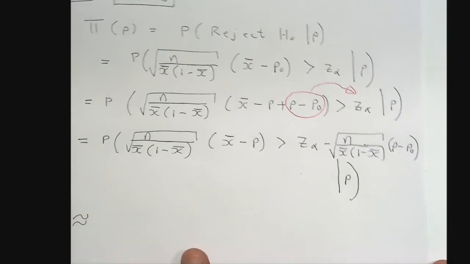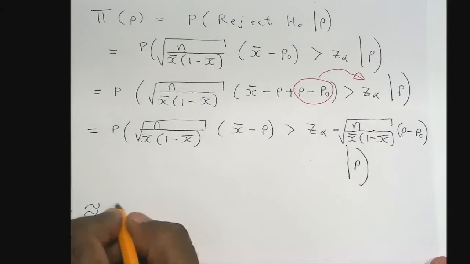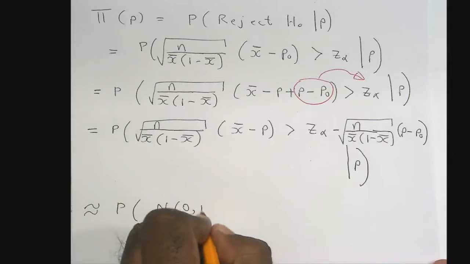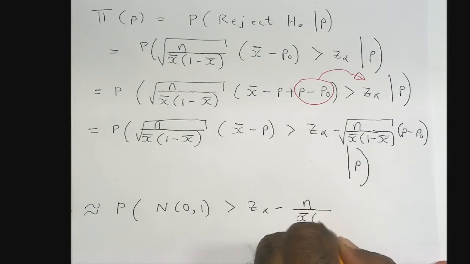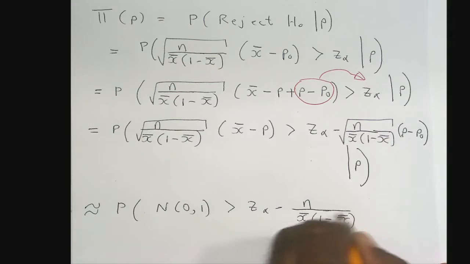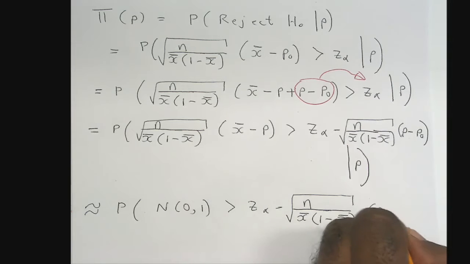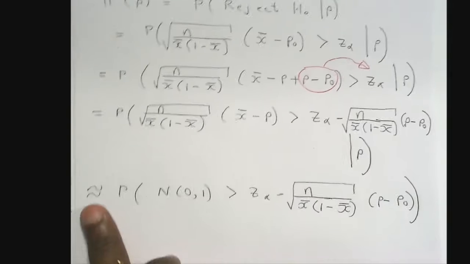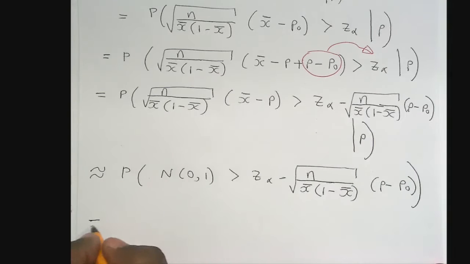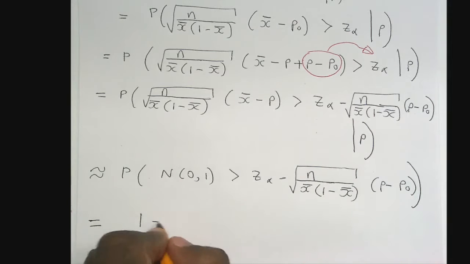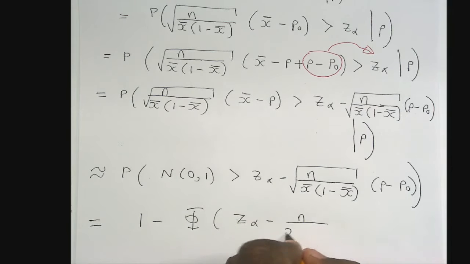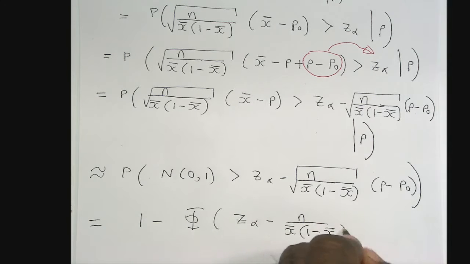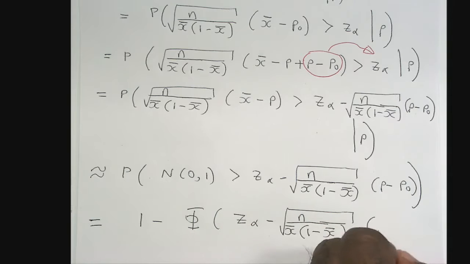So approximately this will be the probability that an N(0,1) variable is greater than... okay. And finally, if you like, you can write this as 1 minus phi at z alpha minus... all right.